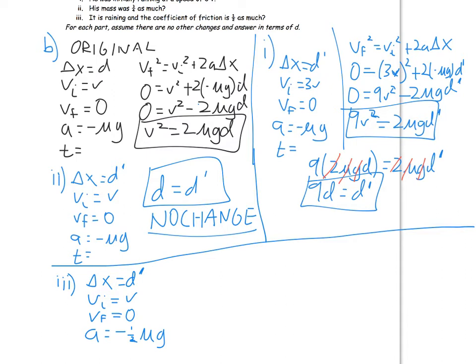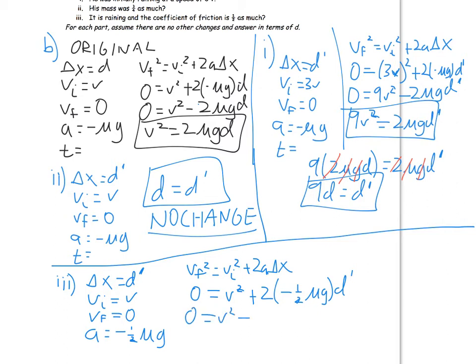So I'm going to set up my kinematics once again using that vf squared equation. So plugging in what I know, I have 0 equals v squared plus 2 times negative 1/2 mu g times d prime. So I get 0 equals v squared minus, and the 2 and the 1/2 cancel out, so minus just mu g d prime. So that means that v squared equals mu g d prime.